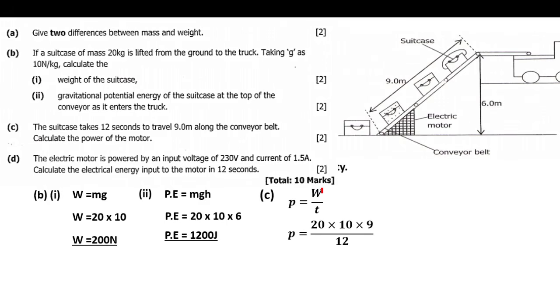So the force is going to be given by the mass of the suitcase times acceleration due to gravity. That will provide us with the force which it is overcoming, because this motor is overcoming that type of force, meaning it has that power actually, since it is able to move with that force.